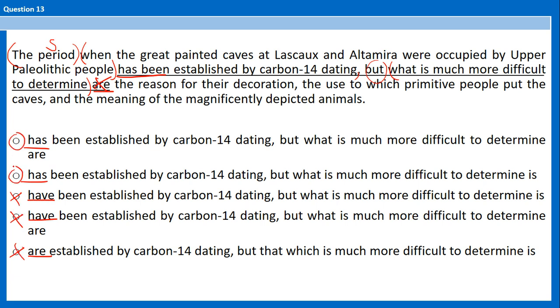So between 1 and 2, we eliminate 1 because I need the singular verb is. What is much more difficult to determine is my subject, is my verb. Okay? Remember that the subjects that start with what or that are singular. Okay? If you have any question, you can email me at verbal@gmadudes.com.